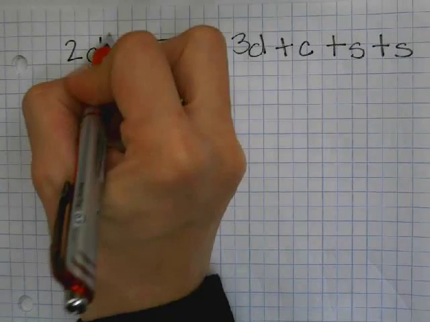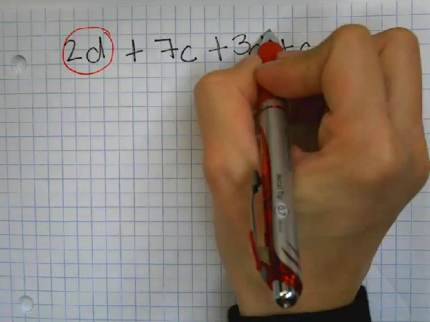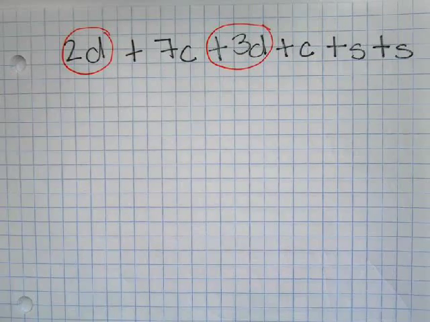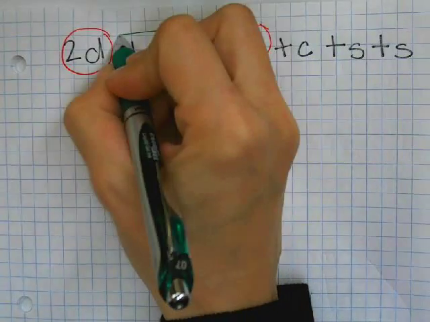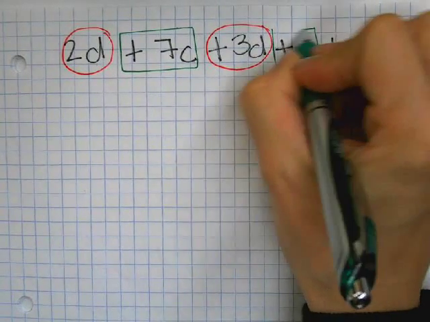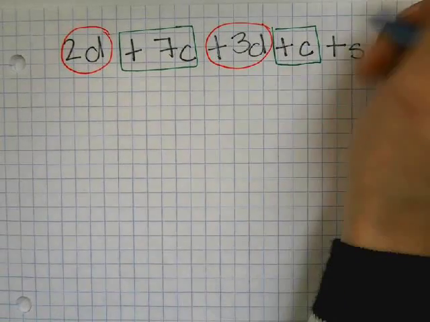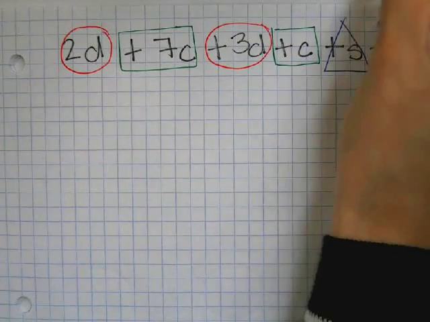All right, so circle all your D's. Square all of your C's. And put a triangle around the S's.